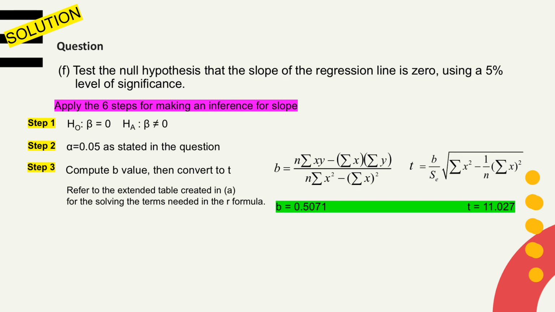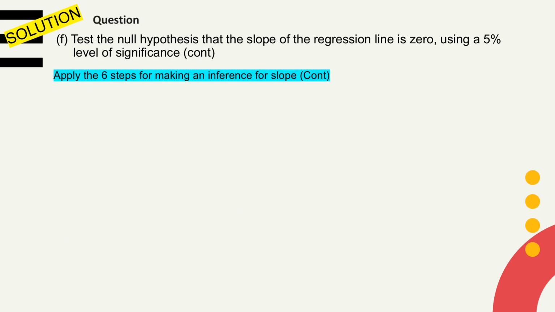In the fourth step, we have to find the p-value based on the information that we have, that is t equal to 11.027 and the degree of freedom equal to 5. We are still in step 4.